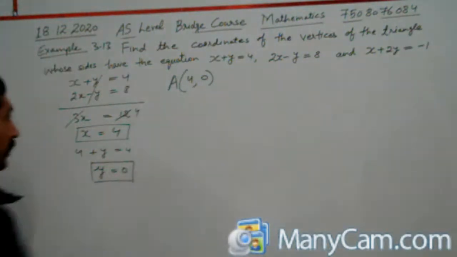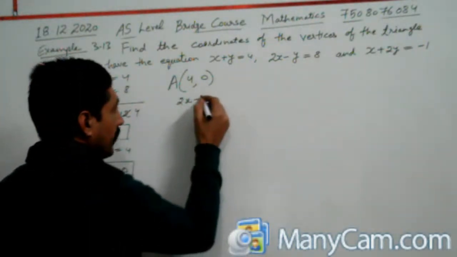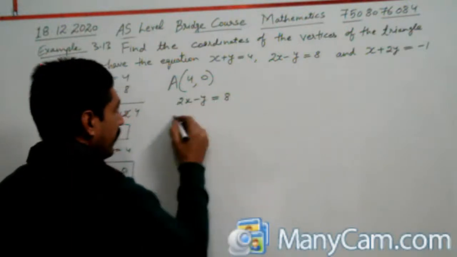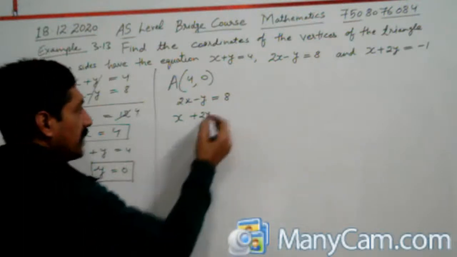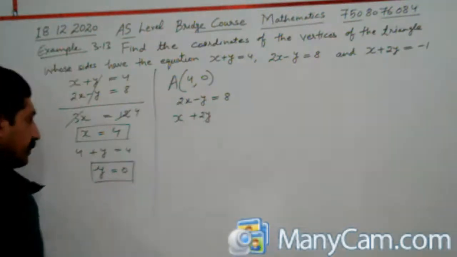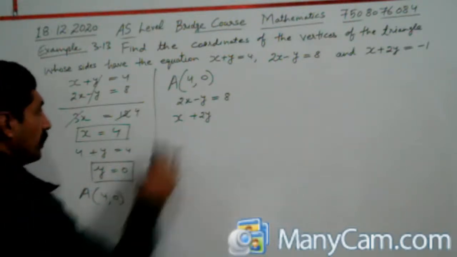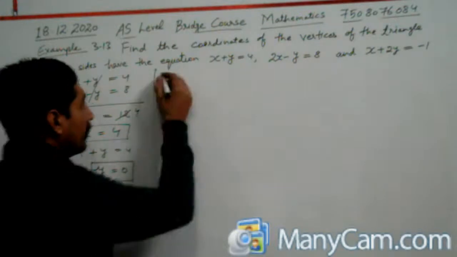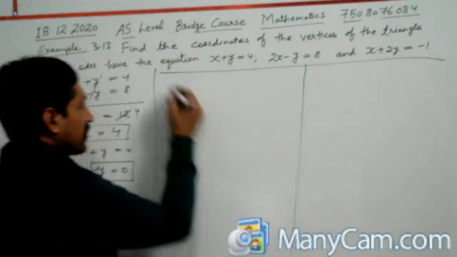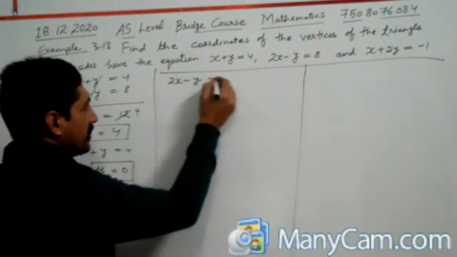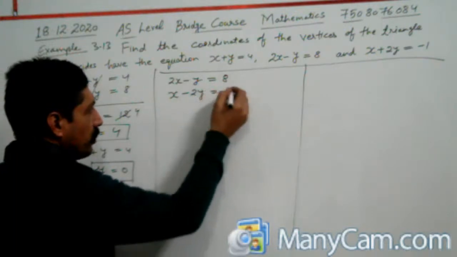So point A has coordinates x is 4, y is 0, right? Now for the second vertex, we take 2x minus y is equal to 8 and x plus 2y is equal to minus 1.